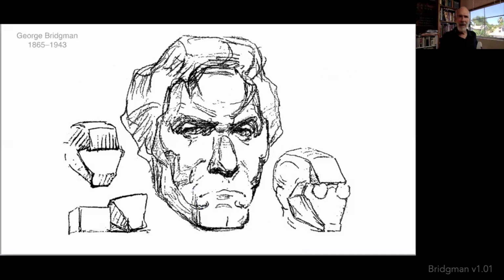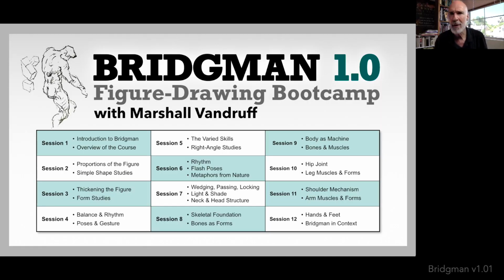There's a lot in Bridgman about the head and the features. But in our class today, what do we have time for? It's an introduction to the neck and head structure.